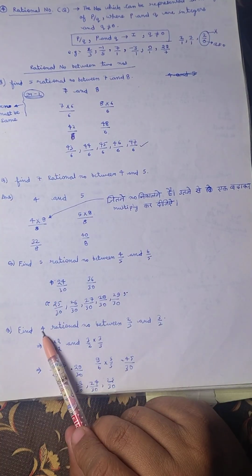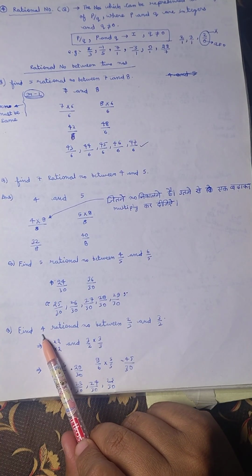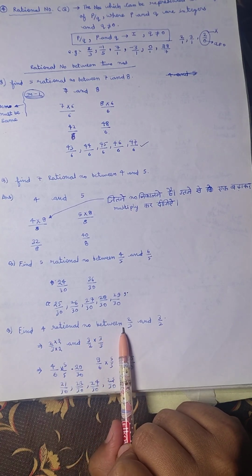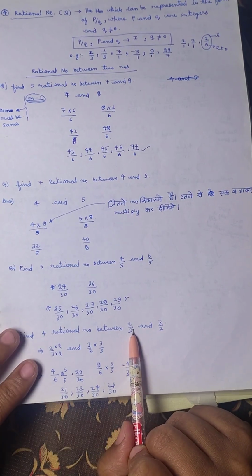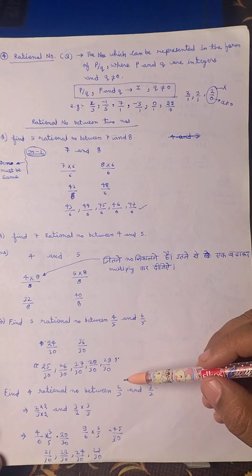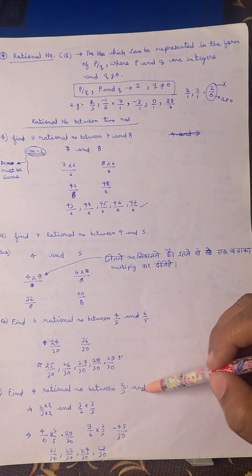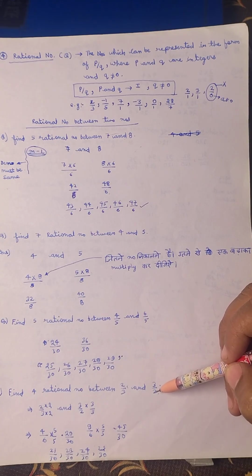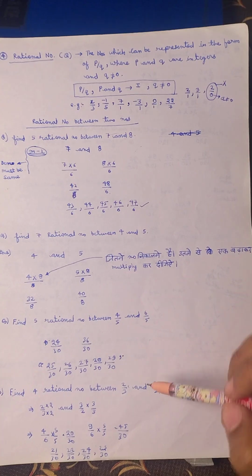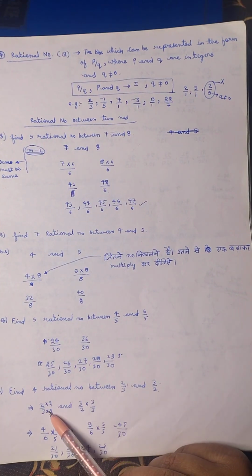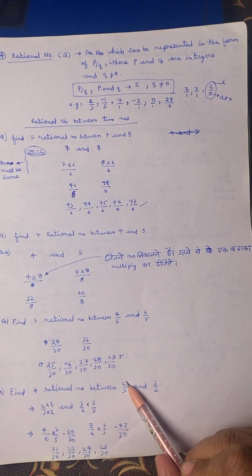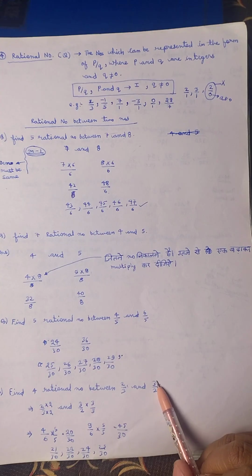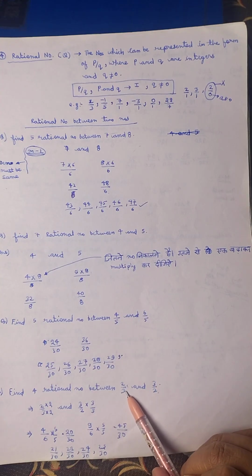Next question. Here, we have to find 4 rational numbers, but the twist is that here the denominators are not the same. So first we will make the denominators equal. In order to make them equal, we will multiply these two with the denominator of the other fraction, and multiply these two with the denominator of the first fraction.